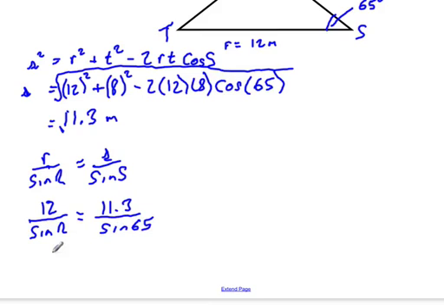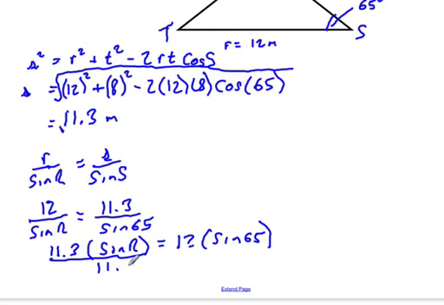We cross multiply, so 11.3 times sine R is equal to 12 times sine 65. And we're going to divide both sides by 11.3.